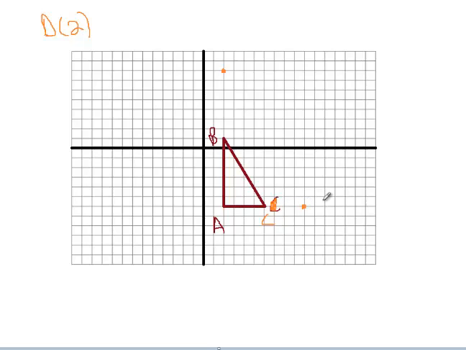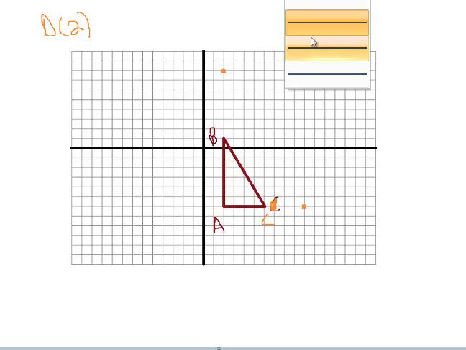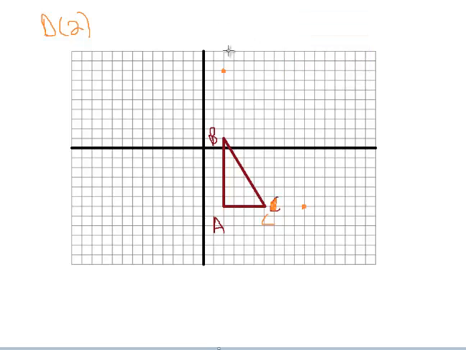The new triangle, in other words the original one dilated, we're going to start down here. Let's put this up here, and extend this out here, and put the hypotenuse, since this is a right triangle.